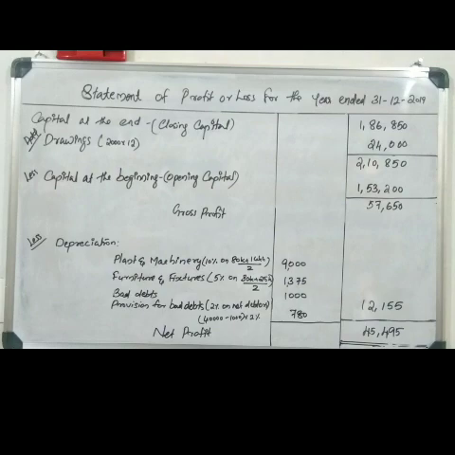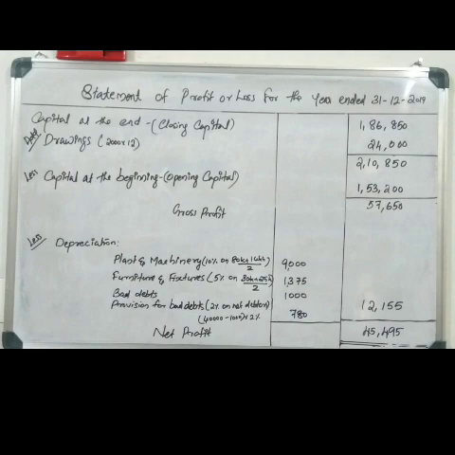So less expenses, that is depreciation on plant and machinery at 10%, right? So we had two values of plant and machinery, at the beginning and at the end, right? So we have to take the average of both. 80,000 plus 1 lakh divided by 2 is 90,000, and 10% of 90,000 is 9,000.